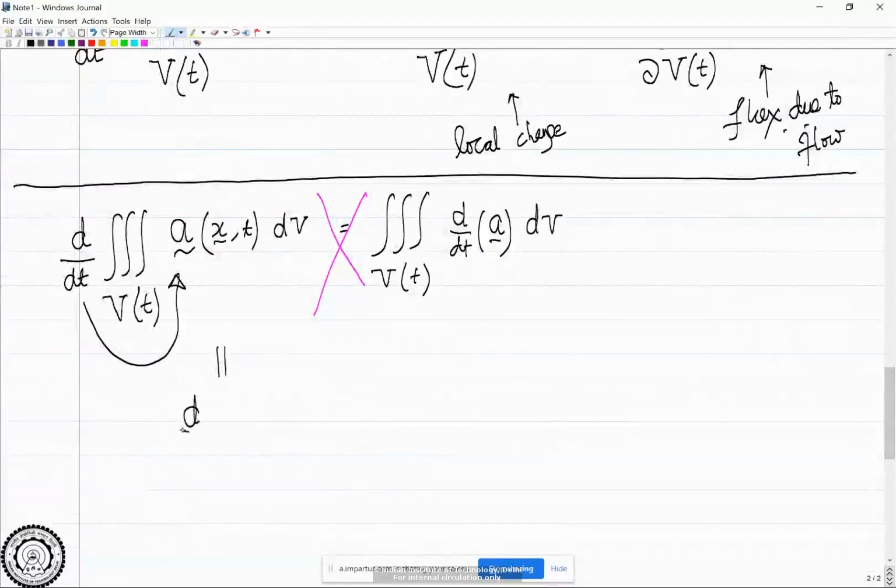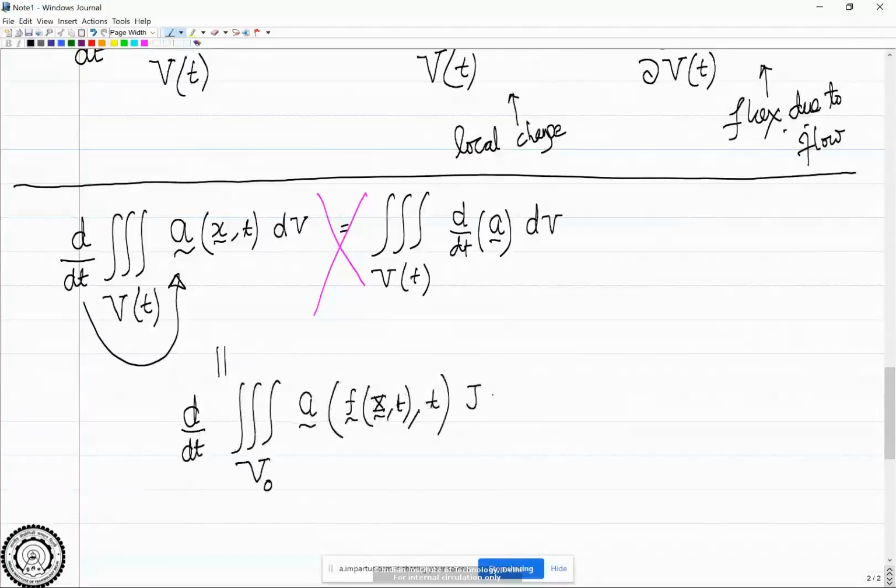So d by dt is still outside. I haven't taken it inside. But let's make it integration over V naught of A of little f of big X comma t, into J of big X, t, into dV naught.